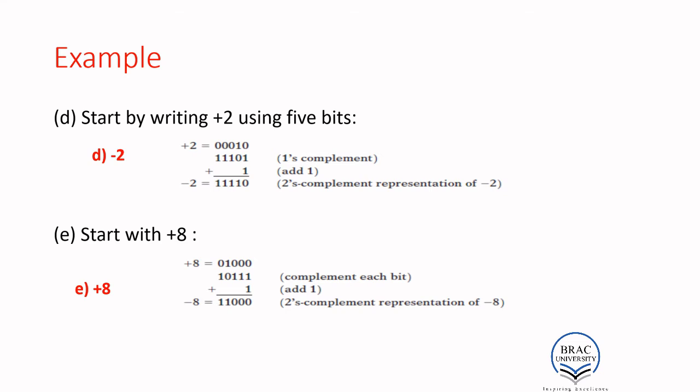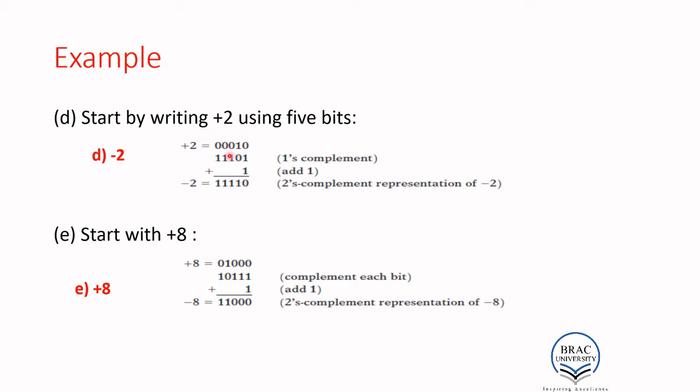Number D is minus 2. For minus 2, start by writing plus 2 using 5 bits. So 2 is 10, and if you want to use 5 bits, then it becomes 3 more 0s at the left side. This 0 is for the sign bit plus another 2 normal 0s.